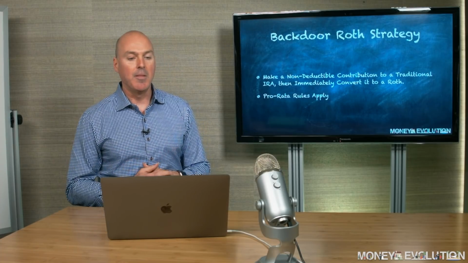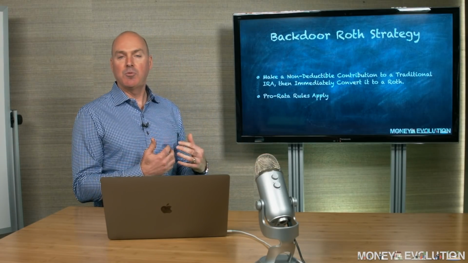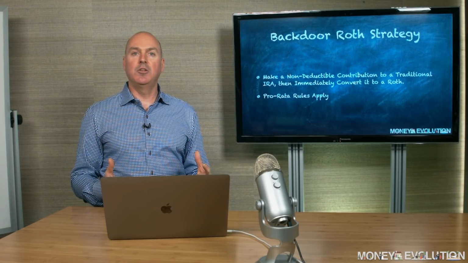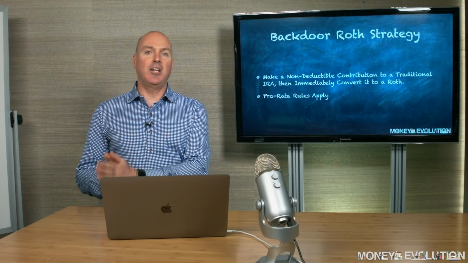to a Roth IRA. But what you can do is something that we call the backdoor Roth strategy, and it's to make a non-deductible contribution to a traditional IRA account and then immediately convert that over into a Roth. There is something called the pro rata rules that apply to this. So I'm not going to get into all the details, but for George and Susan, this is something that George can do, but for Susan, it's going to get a little bit more complicated because she already has that traditional IRA account.